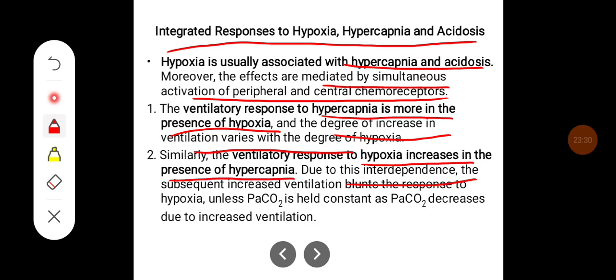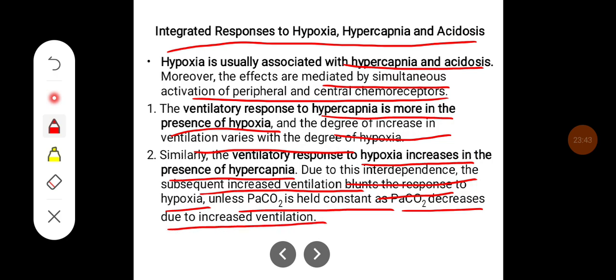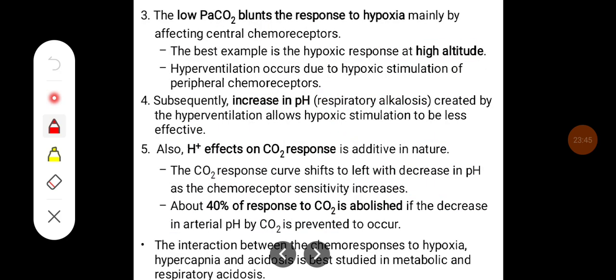Due to this interdependence, the subsequent increased ventilation blunts the response to hypoxia unless PaCO2 is held constant, as PaCO2 decreases due to the increased ventilation. The low PaCO2 blunts the response to hypoxia mainly by affecting the central chemoreceptors.